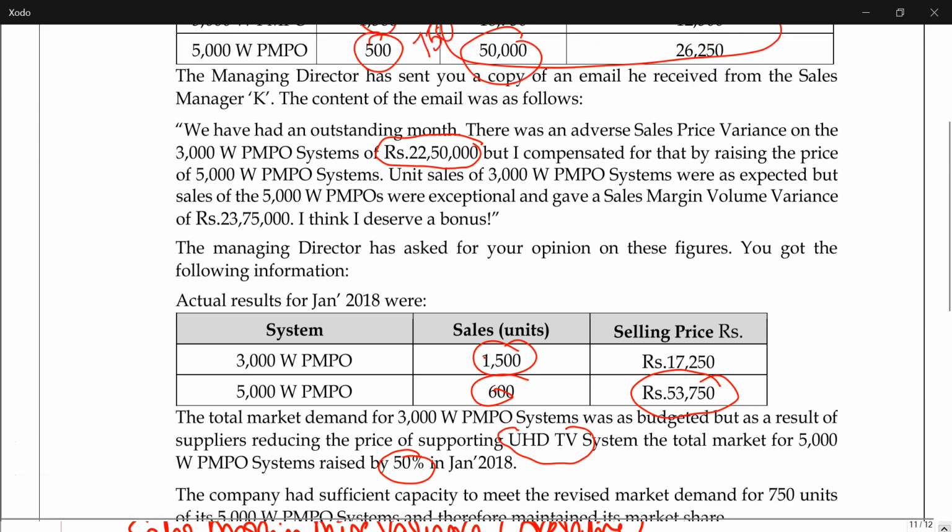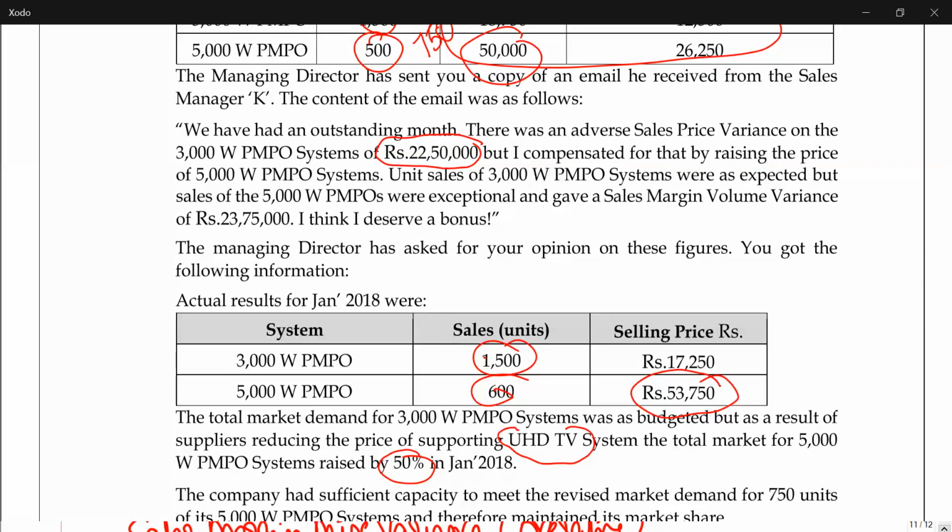You had a huge favorable volume variance, some 56 lakh or so. What was the planning variance, the sales margin volume variance? 59,37,500. That was the planning part. Operating part was negative, how much? 35,62,500.